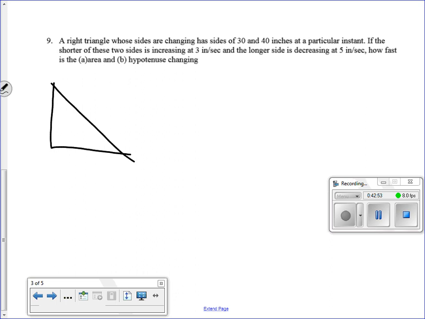So these sides are changing. So right away I'm going to put variables on them. It says if the shorter of these two sides is increasing, I'll call that y. It doesn't matter what you call it.